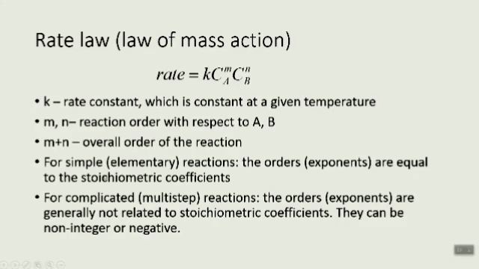For a simple or elementary reaction, the orders are equal to the stoichiometric coefficients. However, for a complicated or multi-step reaction, the orders or exponents are generally not related to the stoichiometric coefficients, so they should be determined based on the experiment.